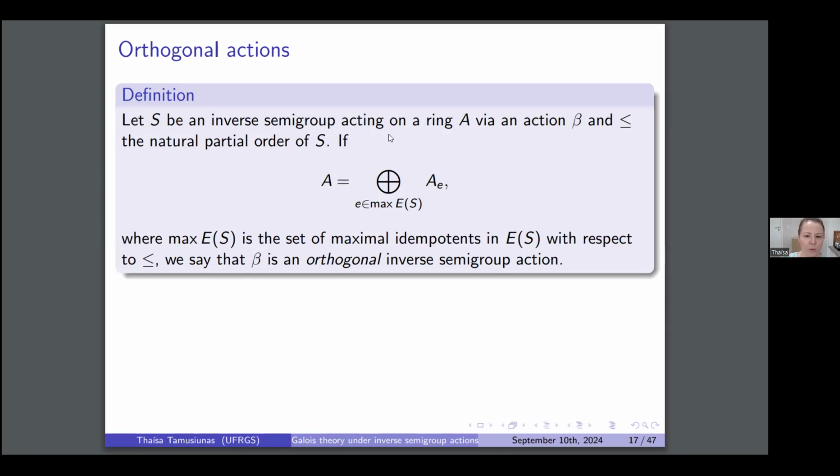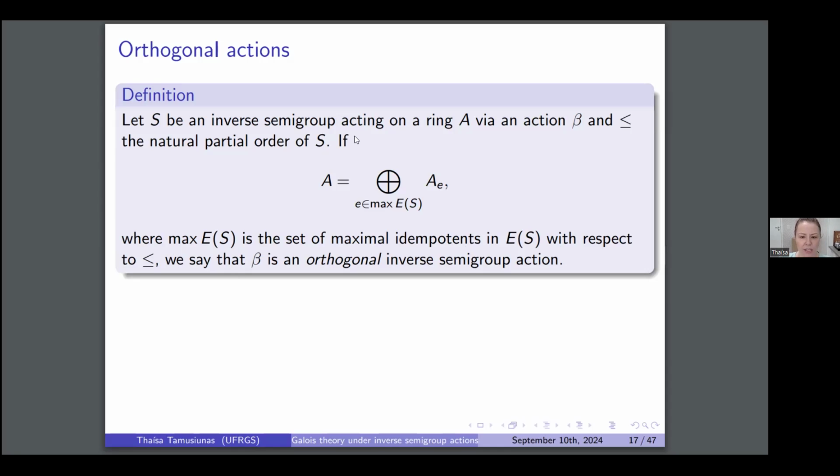Let S be an inverse semigroup acting on a ring A via an action beta, and this is the notation for the natural partial order of S. If the ring A has this decomposition, here we are assuming that the ring A is a direct sum of ideals, these ideals are indexed by the maximal idempotents, where maximal is relative to the natural partial order of the inverse semigroup.